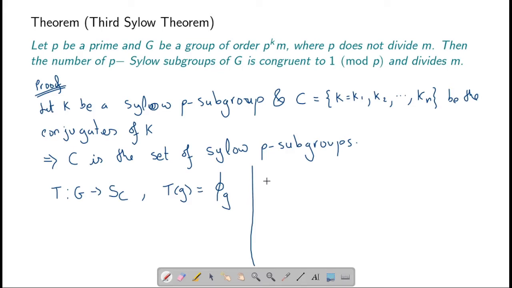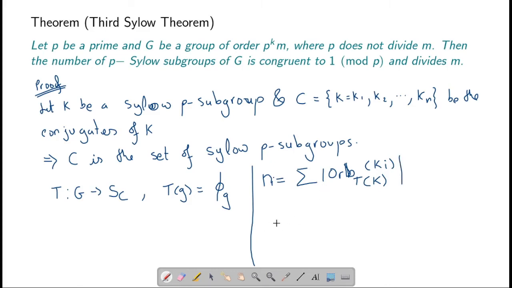So we see here that the number of elements in C, or n, will be equal to the sum of orbits of T of K this time, of Ki.